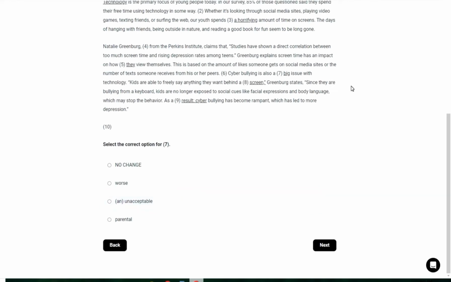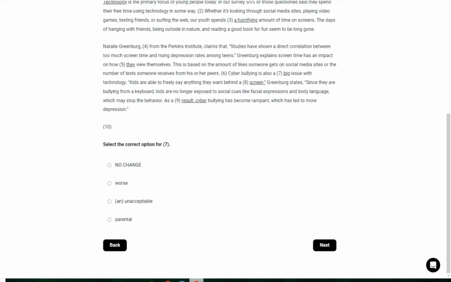Why don't you guys put down what you think? So the first one would be no change. And when I read it, cyberbullying is also a big issue with technology. It initially makes sense. I don't see anything wrong with the verbiage. The adjective makes sense. It's a big issue. So let's read through these choices.